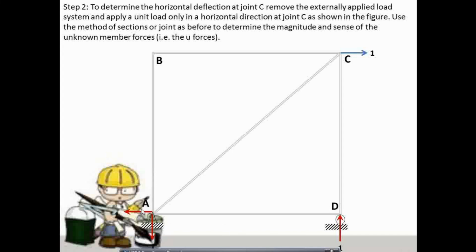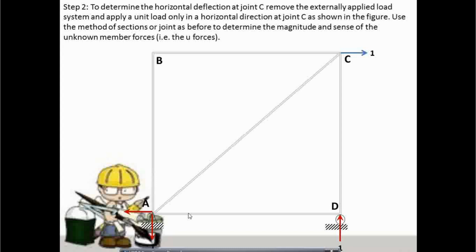1 kay horizontal reaction ni A, 1 dun sa may D, 1 din dun sa may A. Take note of the directions. Kay D pataas, kay A pababa, then to the left naman yung isa pang reaction. Again, paano ko nakuha yung mga values na ito?